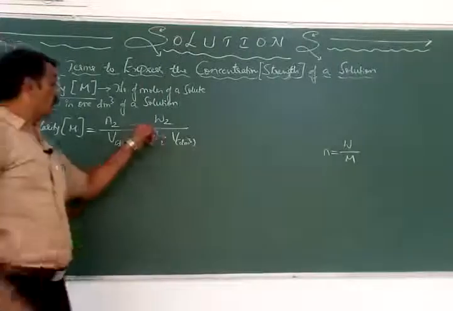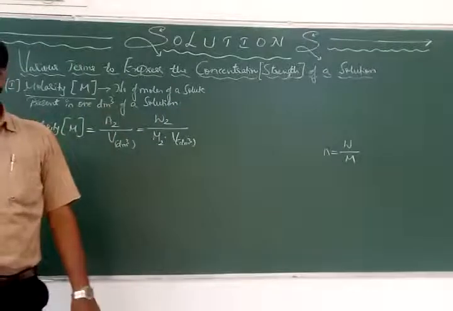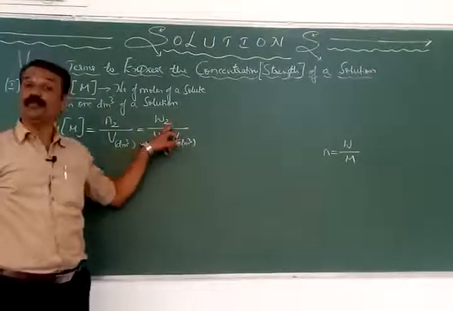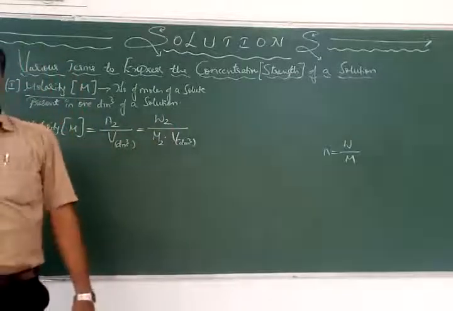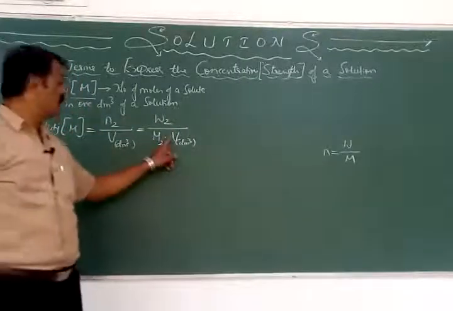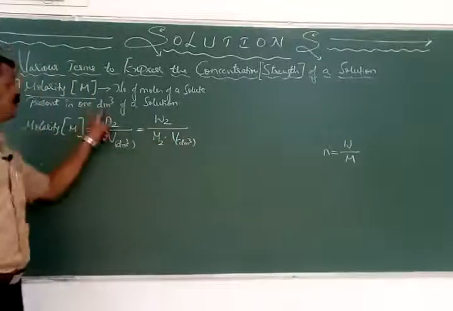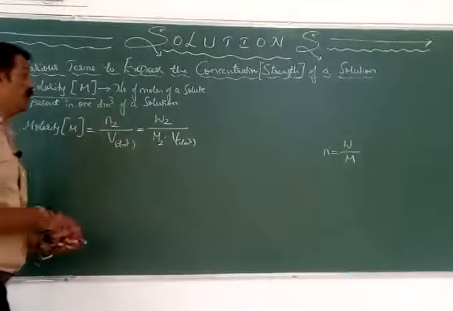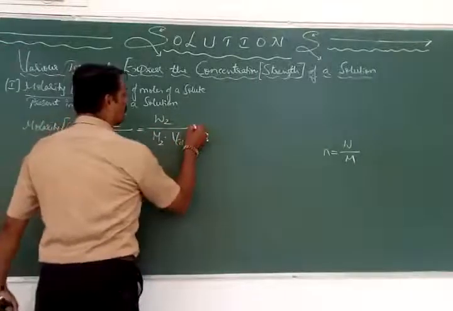Here, W2 is the mass of the solute, because the subscript is 2. M2 is the molar mass, also called the molecular mass of that particular solute. And as usual, V dm cube is the volume of the solution expressed in dm cube.